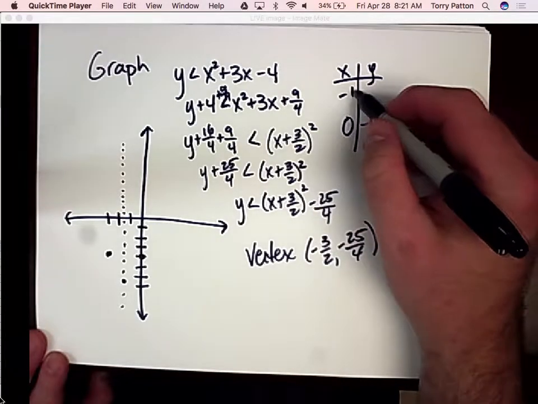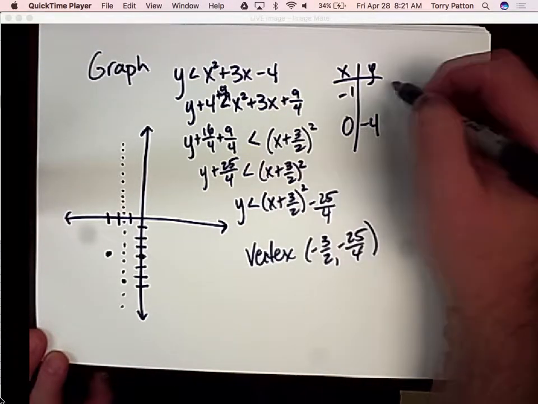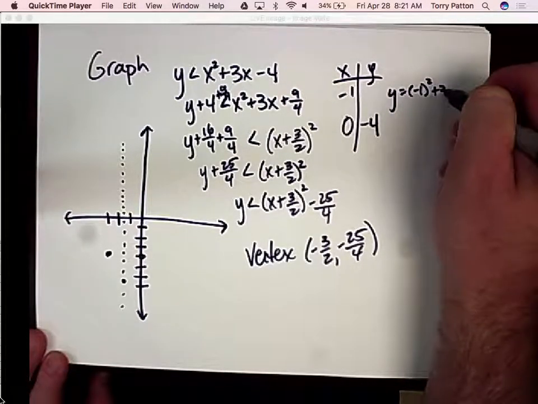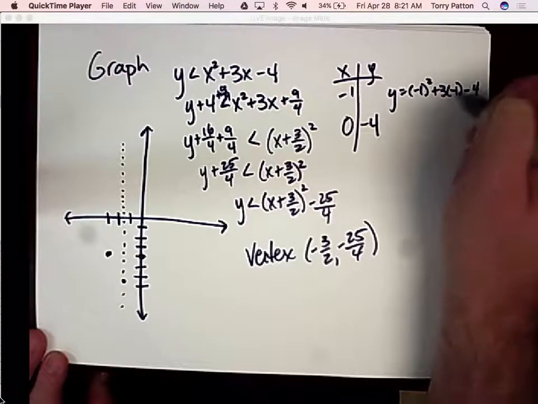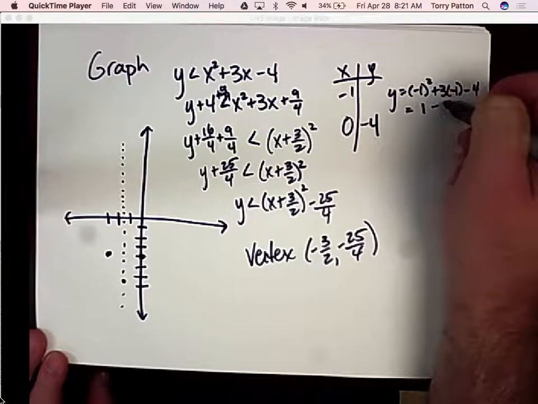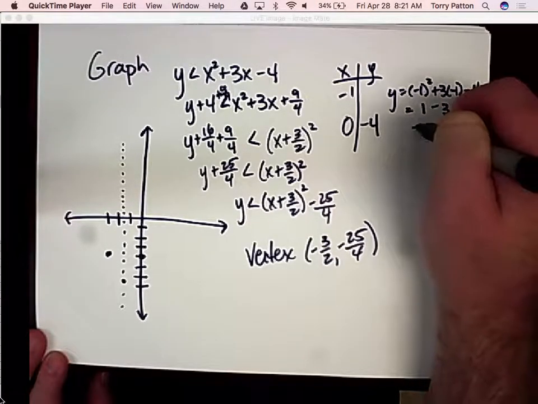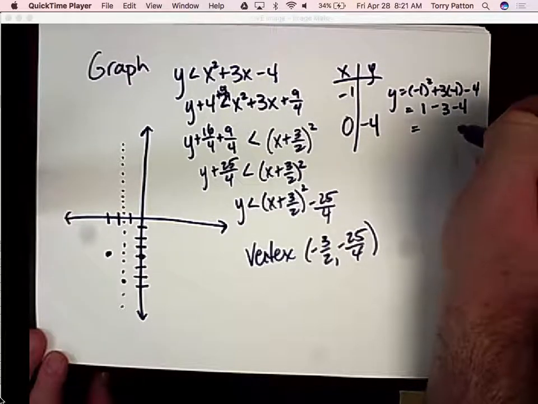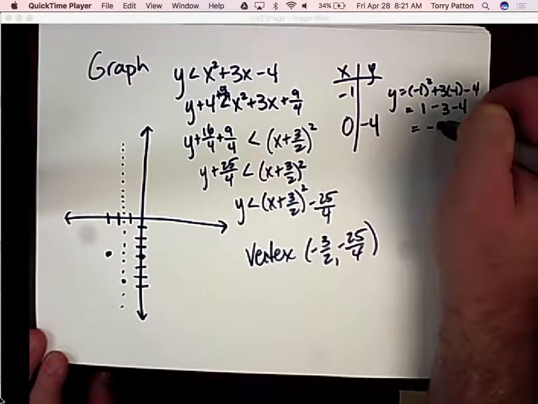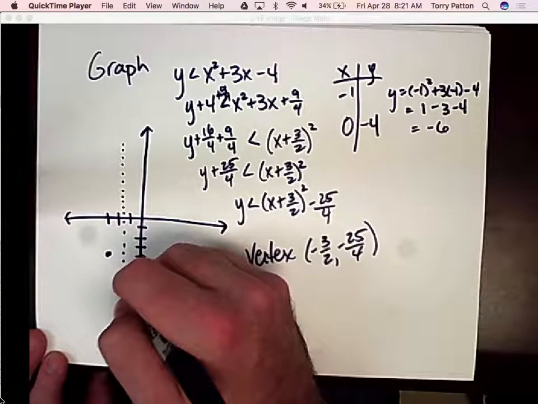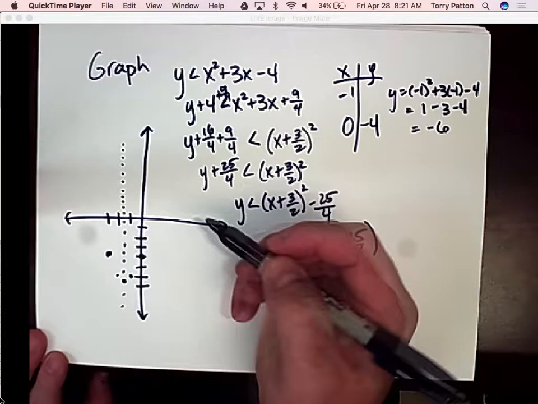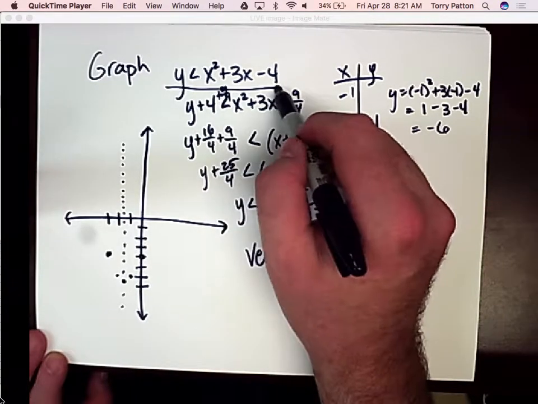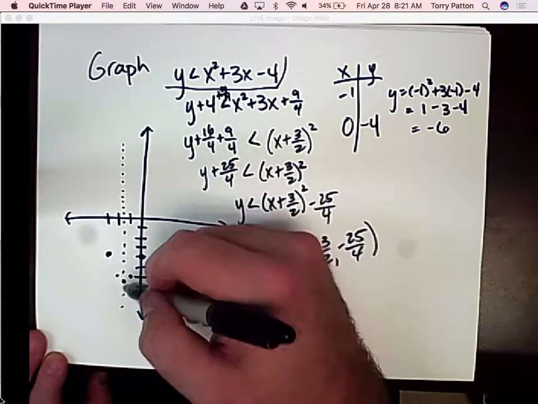And then negative 1 would be y equals negative 1 squared plus 3 times negative 1 minus 4. Well, that's 1 minus 3 minus 4, which is negative 6, on either side.